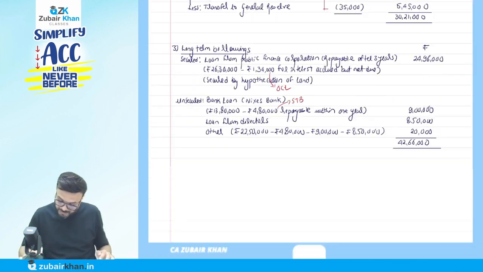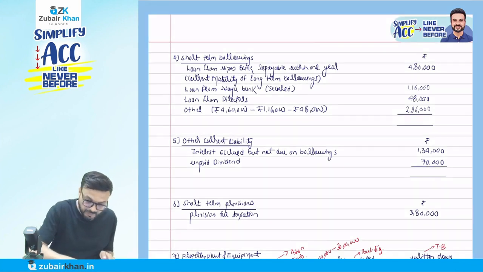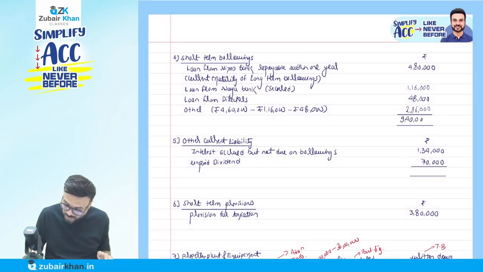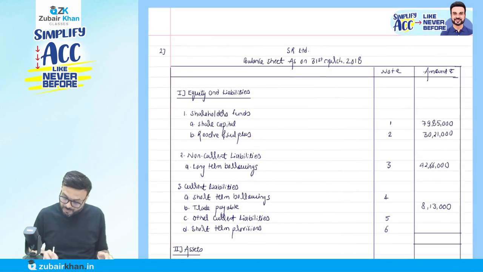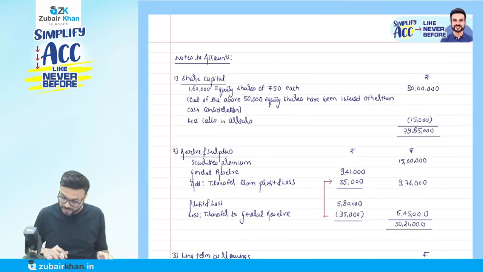Then fourth, do the total of short-term borrowing here. That is 4 lakh 80,000 plus 1 lakh 16,000 plus 48,000 plus 2 lakh 96,000. That is coming 9 lakh 40,000. So write down there 9 lakh 40,000.